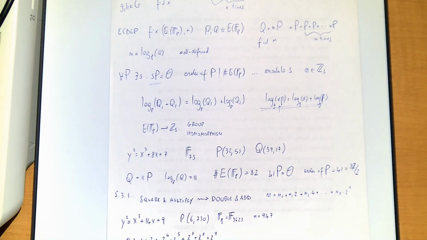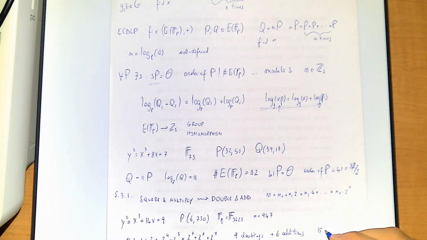So by a simple calculation, this requires 9 doublings and then 6 additions. Now, a doubling is the same as an addition, of course, in exactly the same idea for which a square is the same as a multiplication, just multiplying with itself. So in total, you have 15 operations, right? And this is still much better than doing 947 additions, of course.